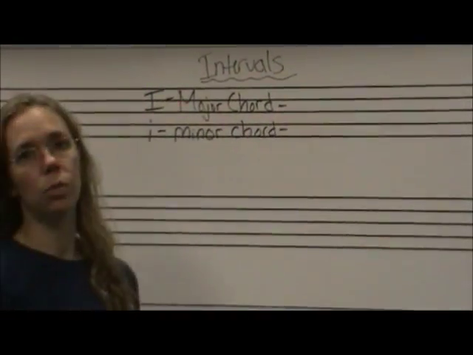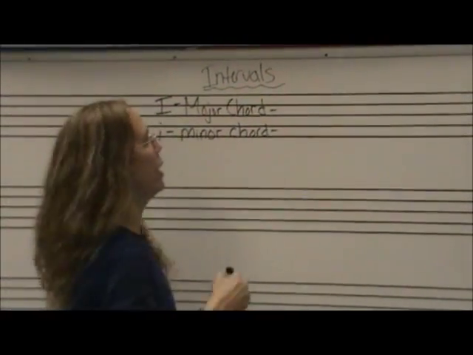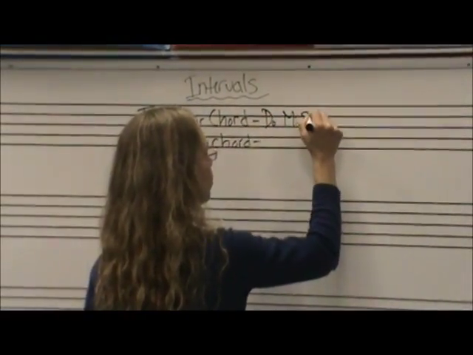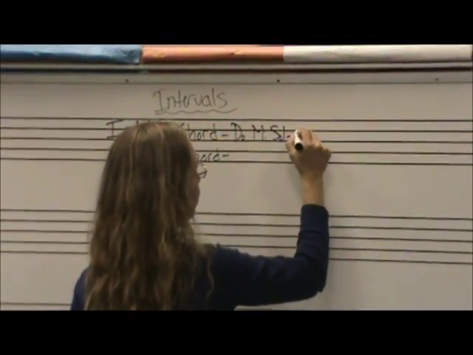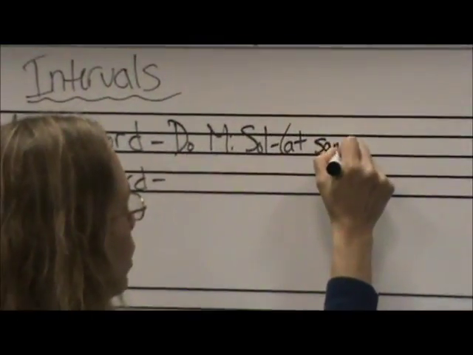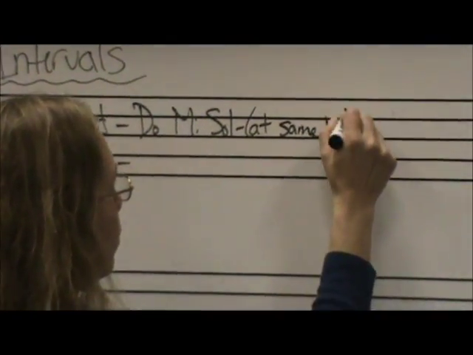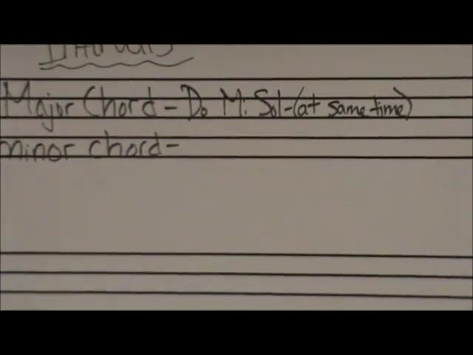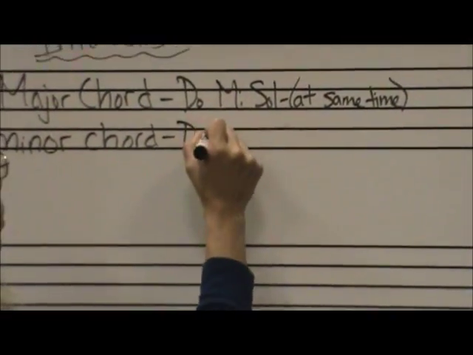And a major chord has 3 notes in it. It has do, mi, and sol. They're going to be played at the same time. And then the minor chord is do, mi, sol, and that's also played at the same time.